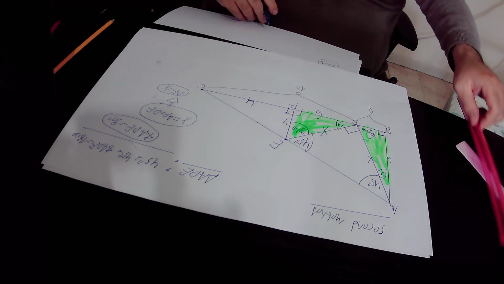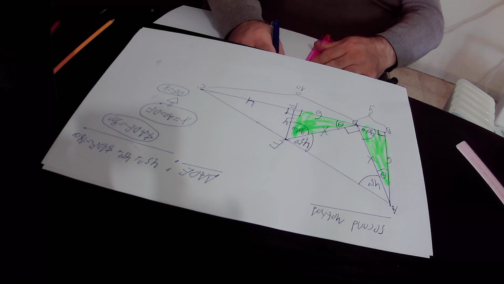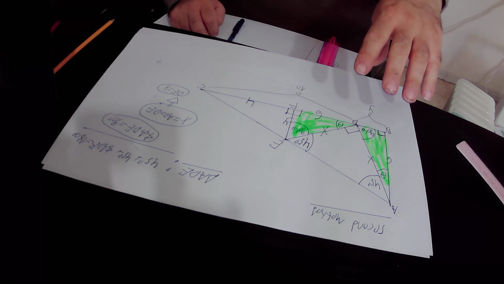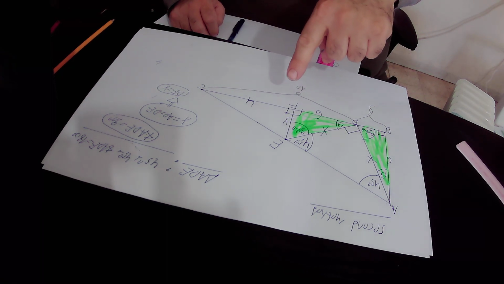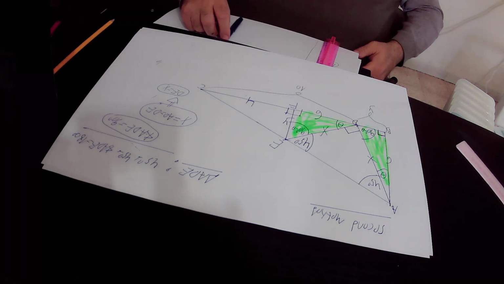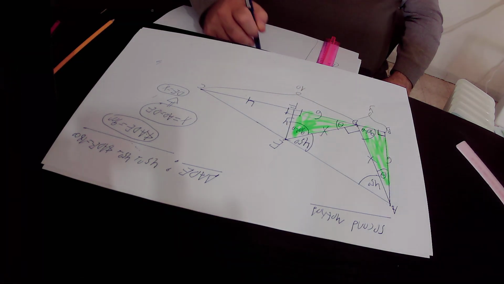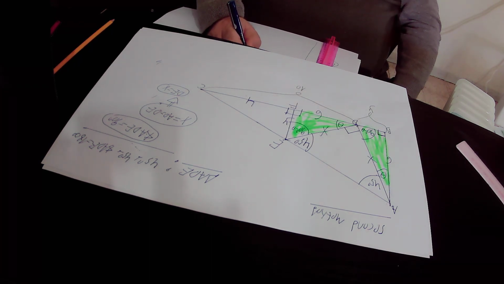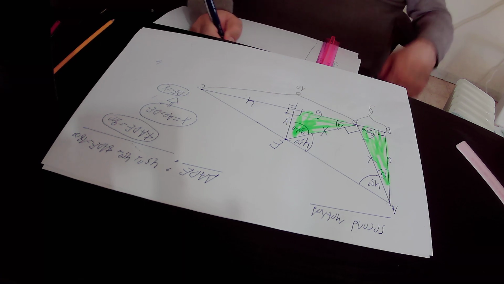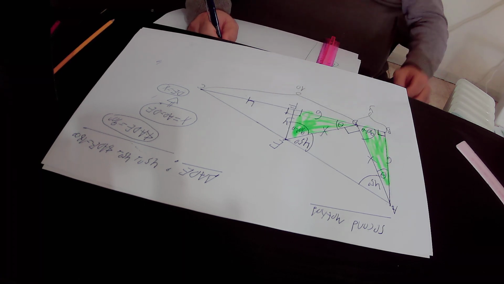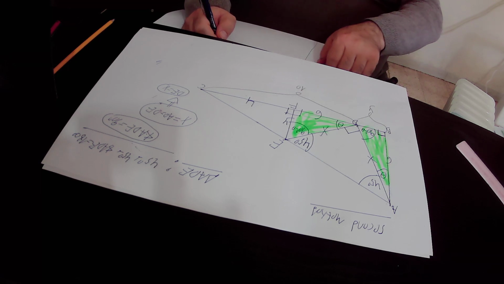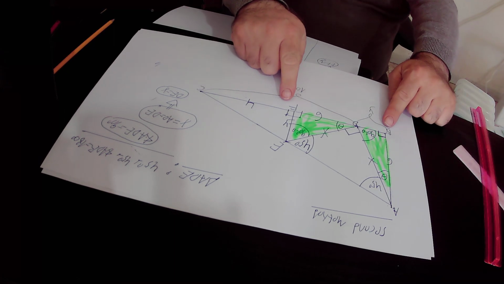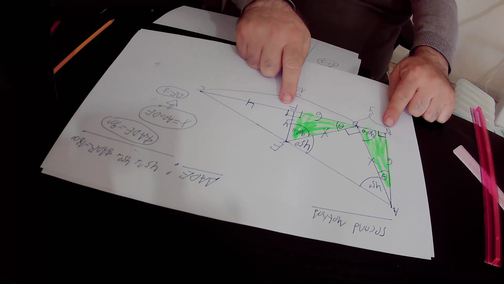In the next step, we will prove that the right big triangle, triangle ABC, is similar to the right small triangle, triangle EFC. So why are those two triangles similar to each other? First of all, they have two angles that are right angles, therefore they are equal to each other, equal to 90 degrees.